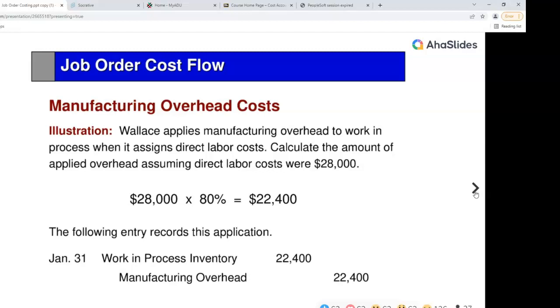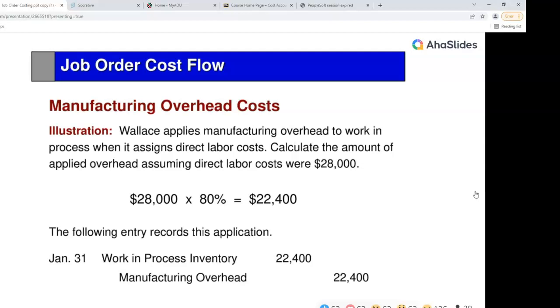Now, the jobs are finished. Wallace applies the manufacturing overhead to work in process. So I have direct material and direct labor there. I need the overhead. I look and I see that the direct labor is $28,000 for all three jobs. Therefore, I'm going to assign $22,400 to these three jobs I've been working on. And I make a journal entry. Debit, work in process. You see that? Increase.